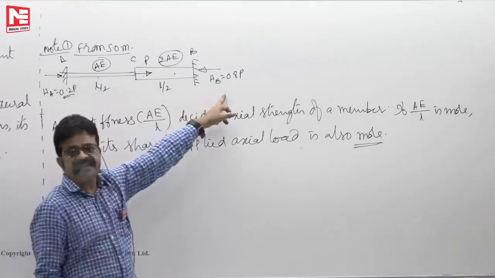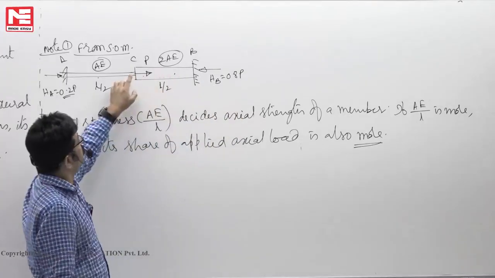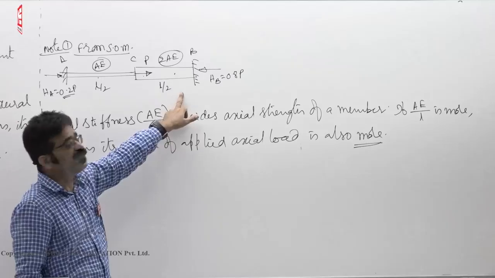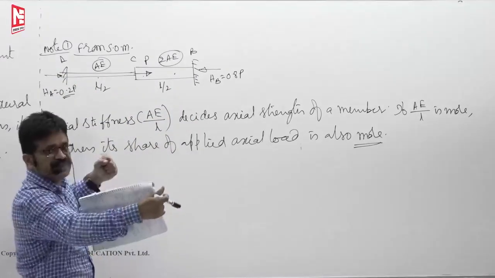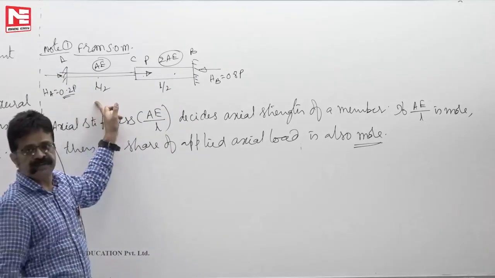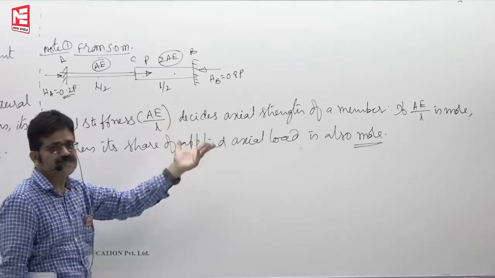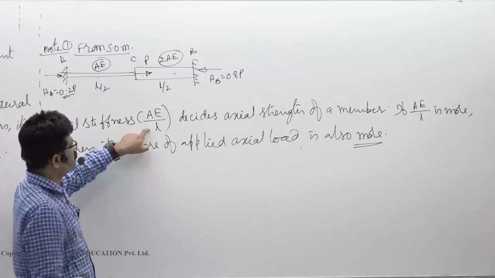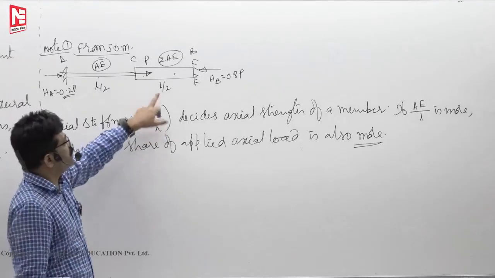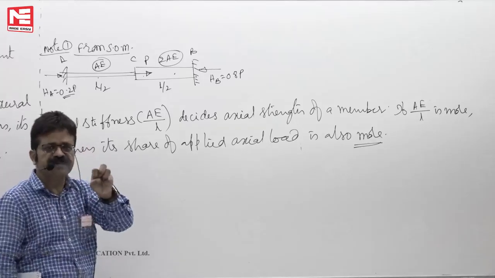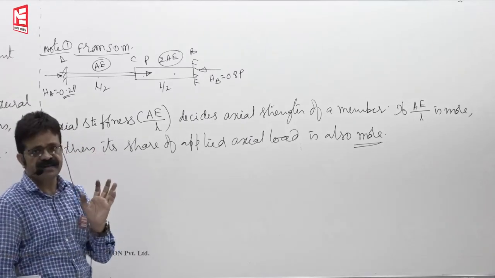That means CB member is subjected to a compression of 0.8P, and AC member is subjected to a tension of 0.2P. So tensile force is less, compressive force is more. That means its share is more. Who decided that? This one, AE by L. Not just axial rigidity, but divided by length. Together, the AE by L term will decide who will take more or less.